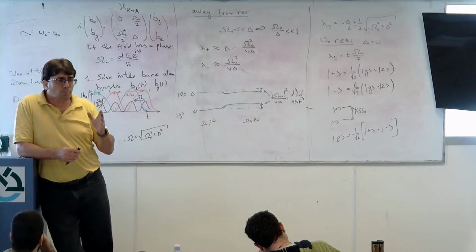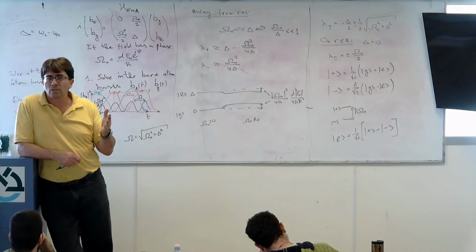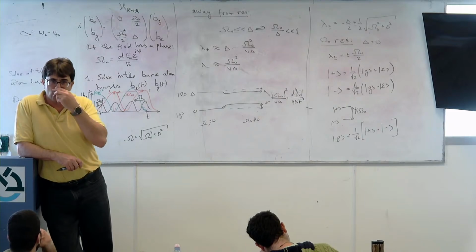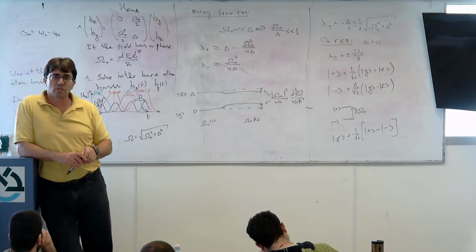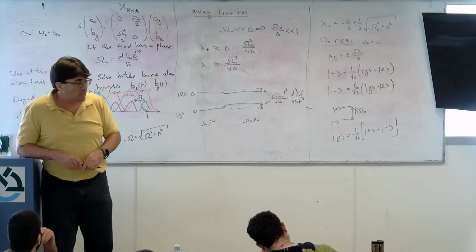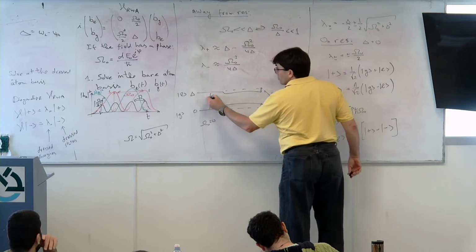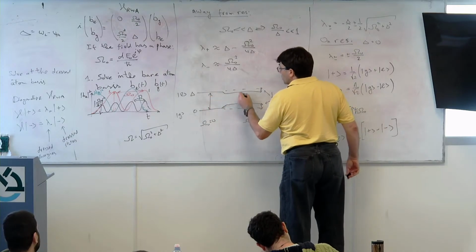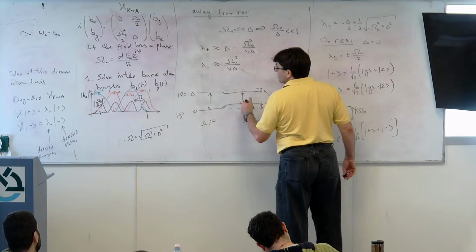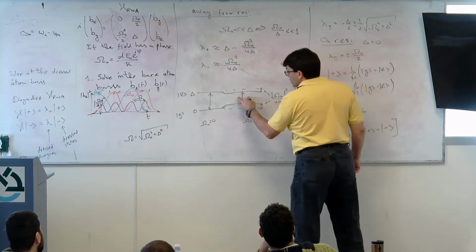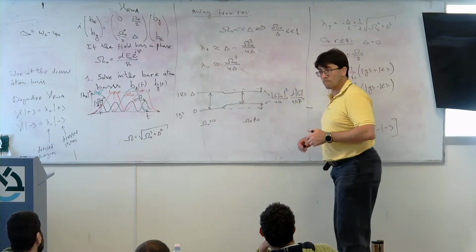And then I'll try to play with its frequency and ask, when will I excite population? When will I hit resonance? The answer will be not at this frequency, but actually at this one. So the transition frequency changes.